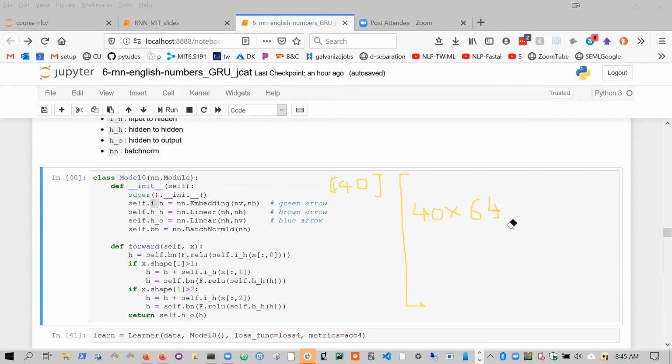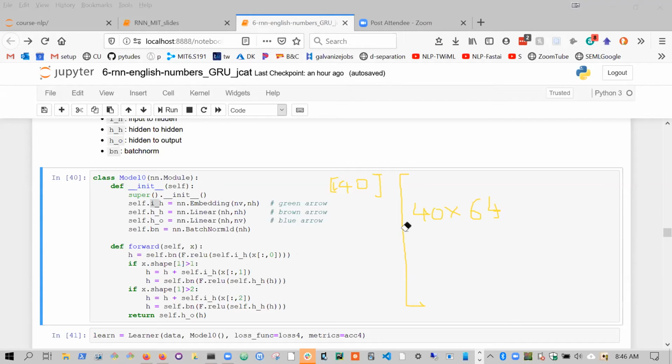So it basically maps the input token into this embedding space of size 64. That's the hidden layer. So it maps the input into a hidden layer. That's what this thing does.